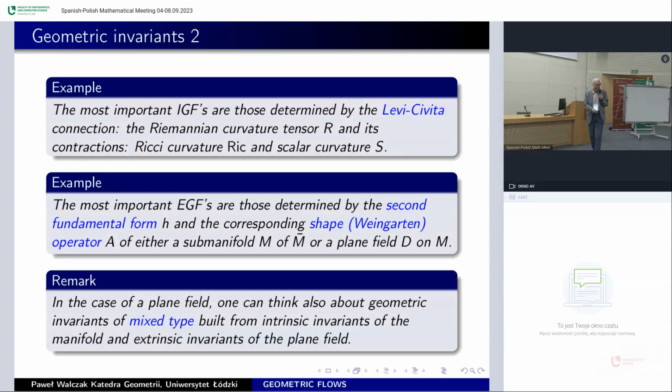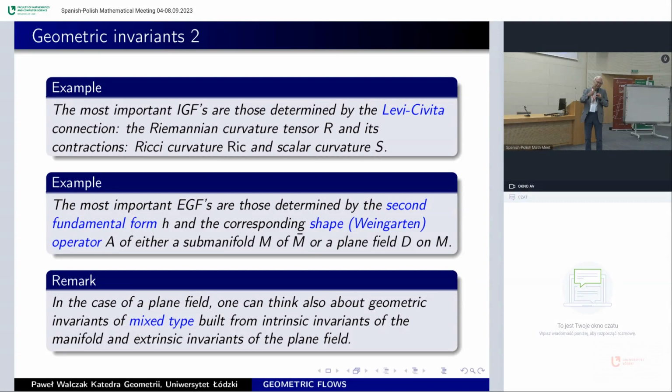Now, these extrinsic geometric flows or extrinsic geometric invariants are determined by the second fundamental form and the corresponding shape operator, sometimes called the Weingarten operator, of either a submanifold M of another manifold M bar, or a plane field D defined on M. In the case of a plane field, one can think also about geometric invariants of mixed type.